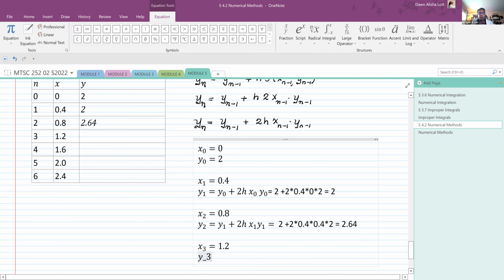y3. Anybody want to tell me what y3 is, with the formula and then plugging in the numbers?